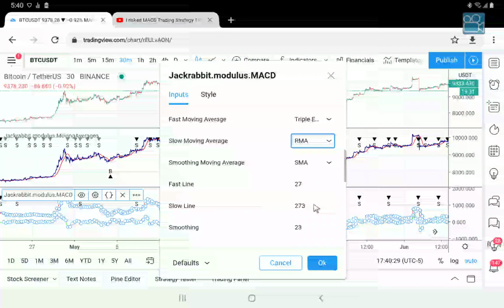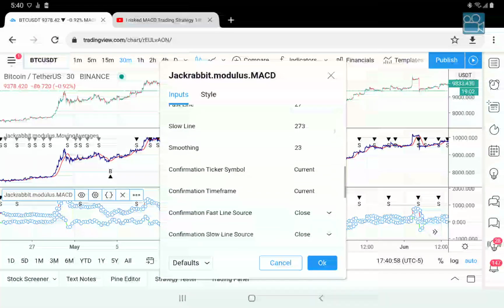I had to play with this to figure out a good combination that lined these up appropriately at good entry points. Getting these numbers is just trial and error until you get your alignments to where they look reasonably consistent. The smoothing is 23. Again, trial and error. That's it.